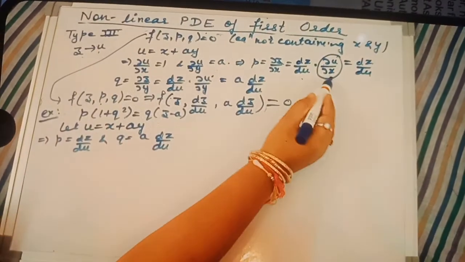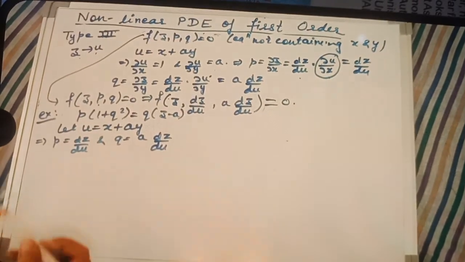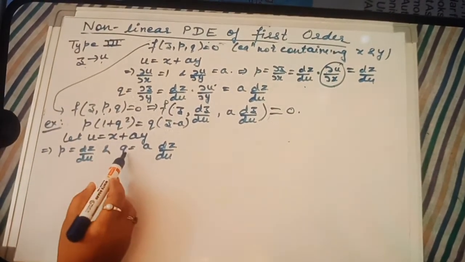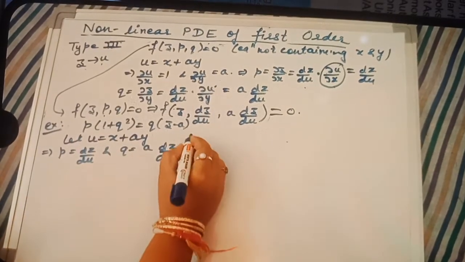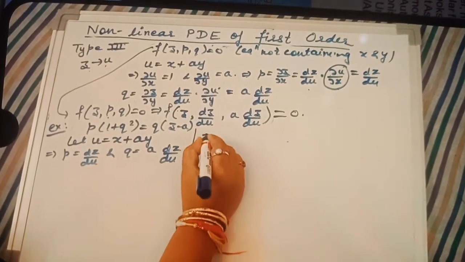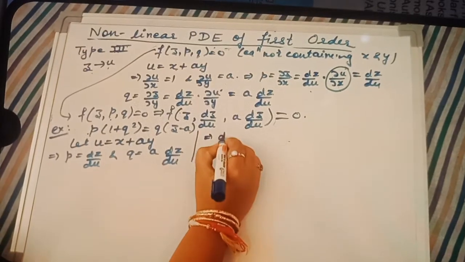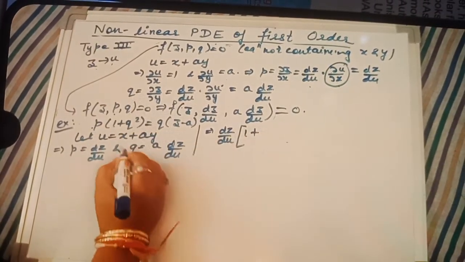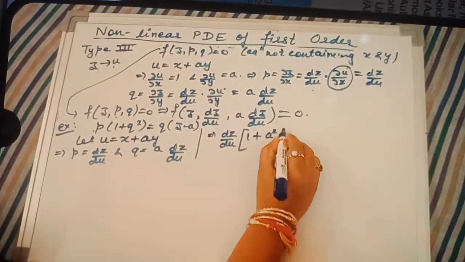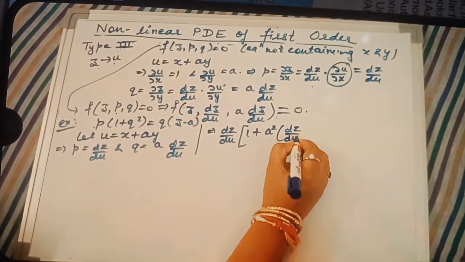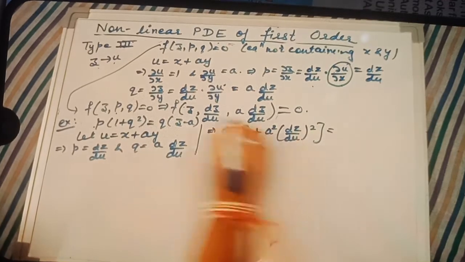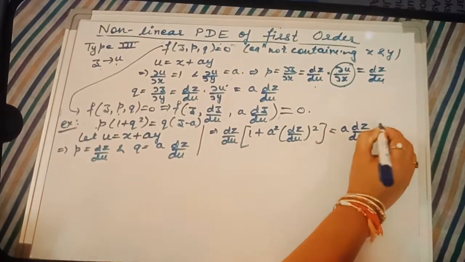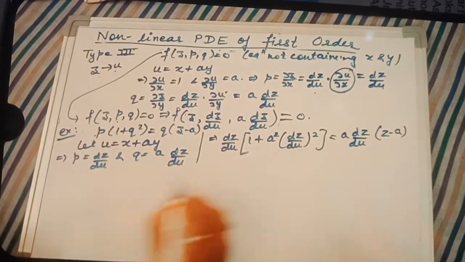I directly put these values, which I solved and showed you above. Now substituting the values of p and q in our given equation, in place of p we put dz over du, and 1 plus q square means 1 plus a square times dz over du whole square, equal to q, that is a dz over du, into z minus a.